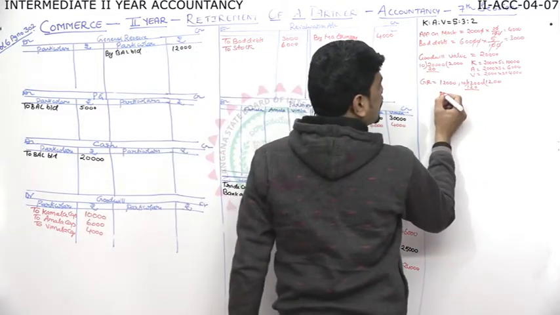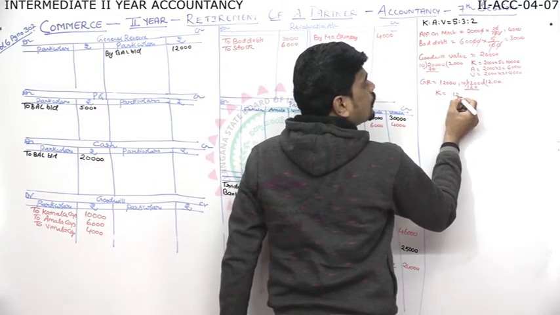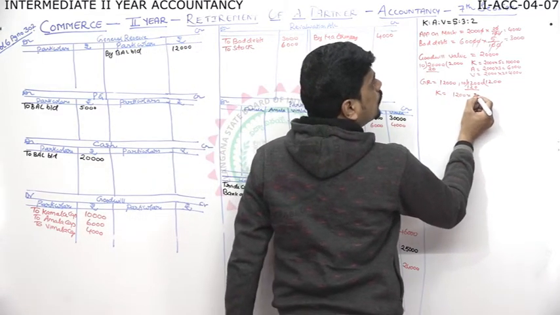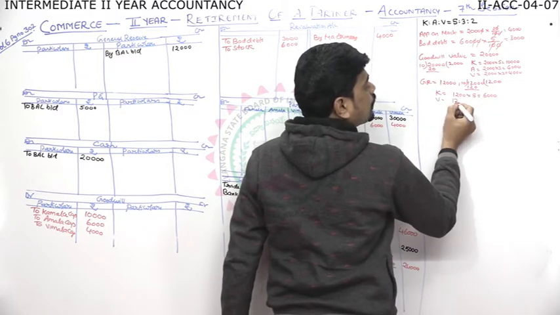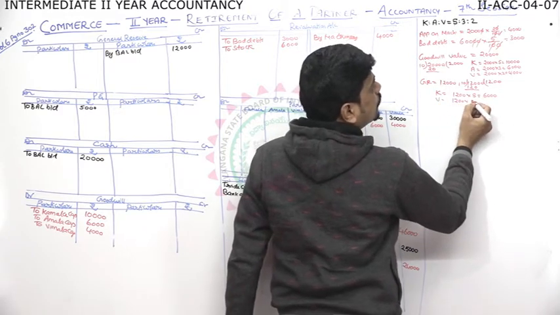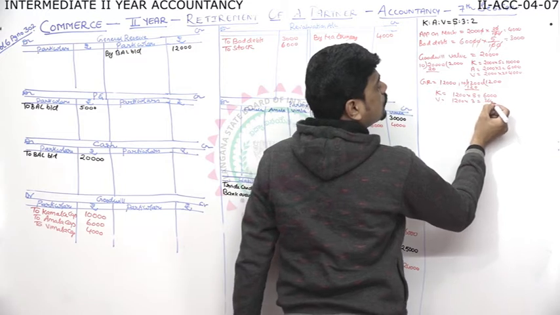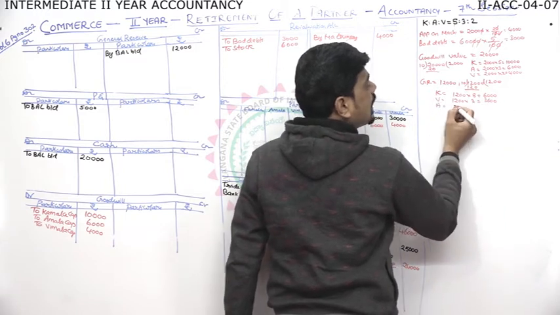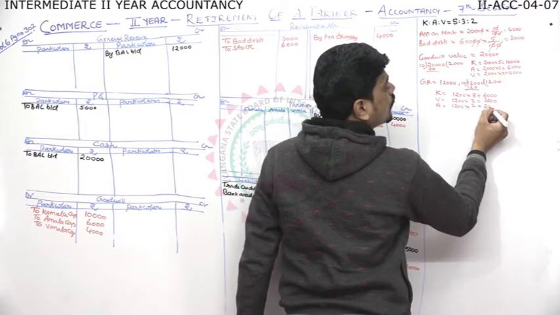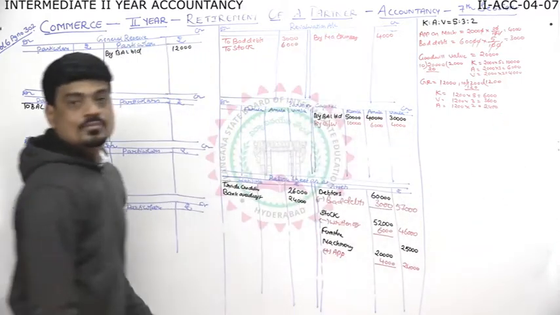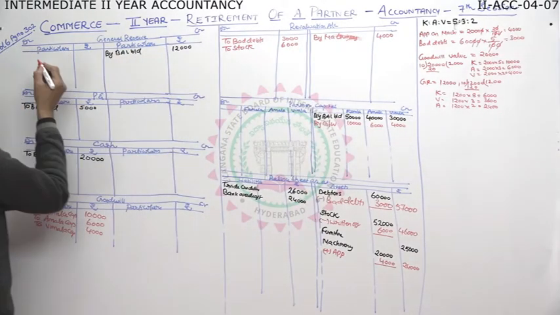Again we'll find Kamala 1,200 into 5, 6,000. Vimala 1,200 into 3, 3,600. Amala 1,200 into 2, 2,400. We got the profit. That is reserve account.